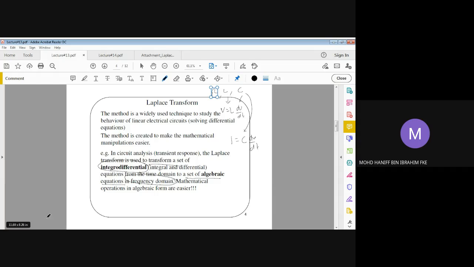That is the purpose, the usage of the Laplace transform in electrical engineering circuits. The reason is that mathematical operations in algebraic form are much easier compared to integration and differentiation equations.